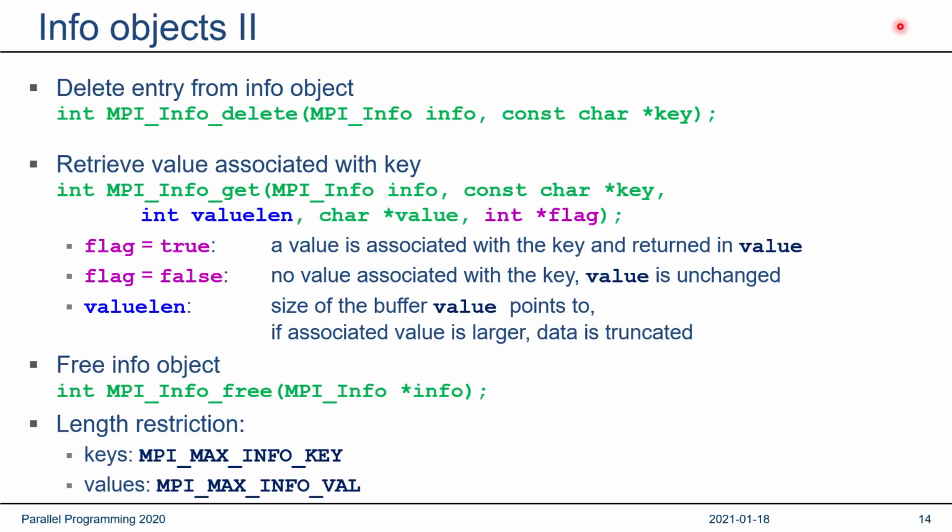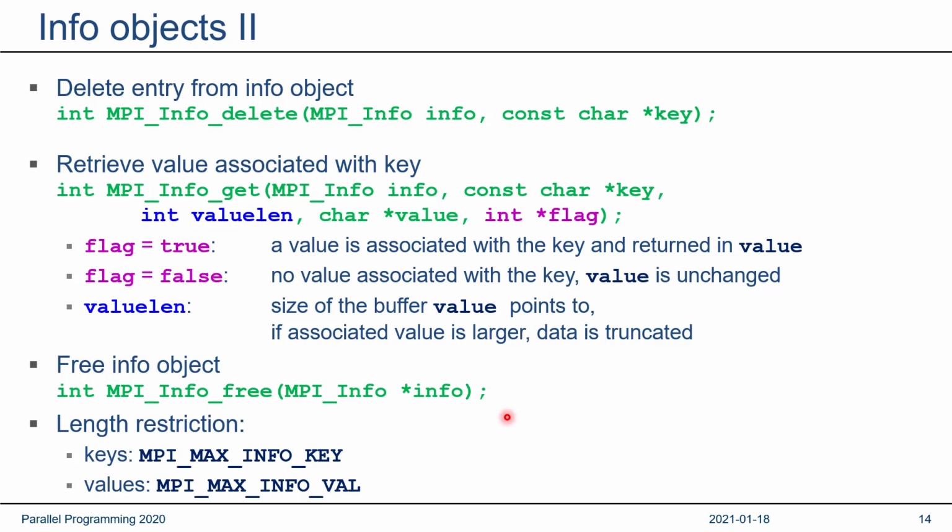As usual, the MPI standard is very thorough here. And of course, if you can establish an MPI info object, you can also delete entries by MPI_Info_delete. You can, instead of feeding information into the object, also retrieve information by MPI_Info_get. So you specify a key and you get the value back, or you get a flag saying false if there's no value for that specific key.